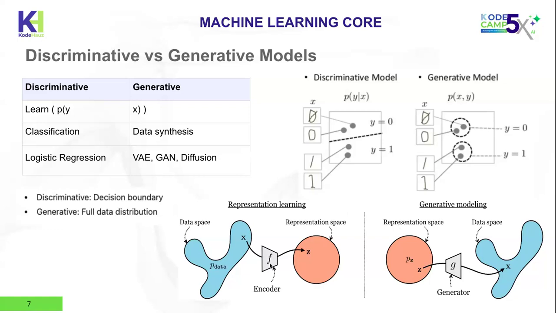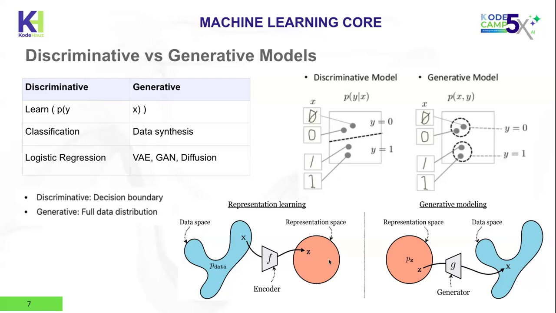So these are examples. In representation learning, which is what you do with the discriminative, you have a data space, right? Then you have an encoder, and the encoder learns from the data and gives a representation. In other words, it maps knowledge in a data space, which may be sparse and broad and wide, into a smaller representation space. With things like LSTMs, RNNs and so on, that smaller space is what we call the context space, the hidden space, that context vector, right?